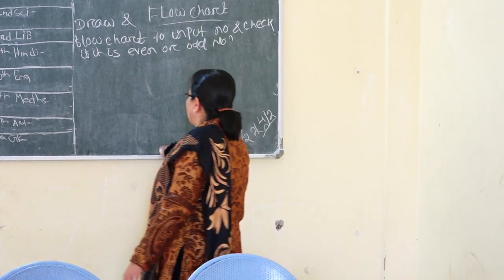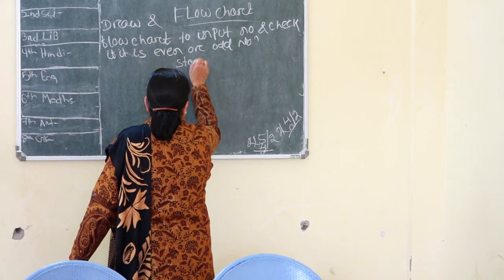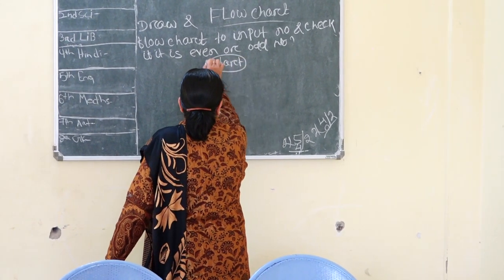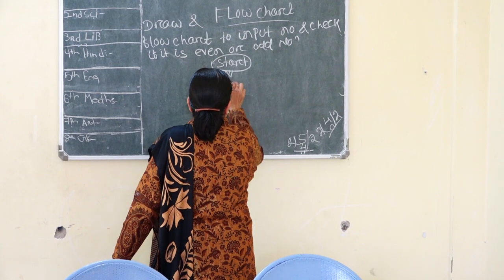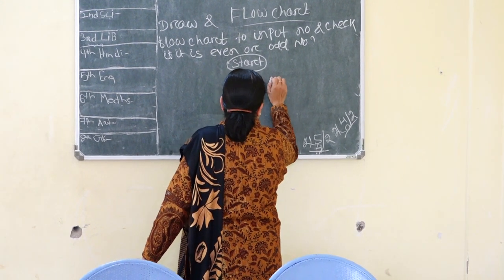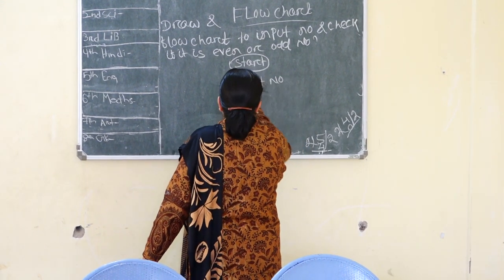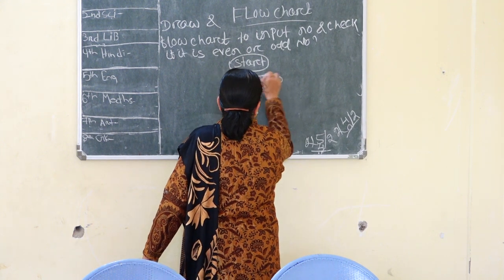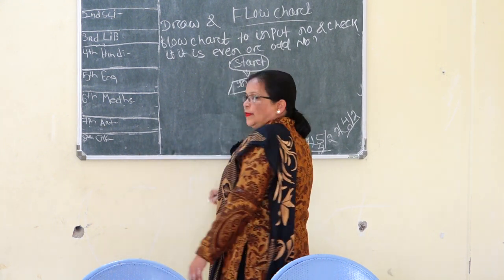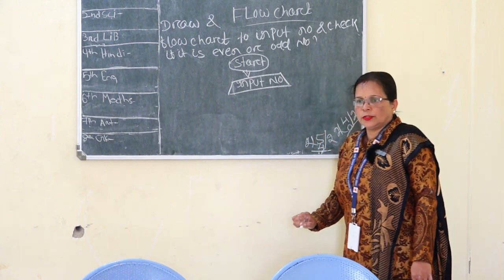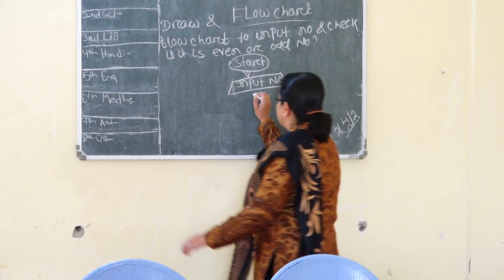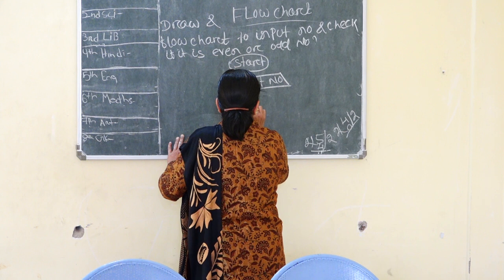So how will you start? Number 1 is start. Number 2 is the input box. Input box means your input number. Now we will take the decision box. What is our decision box?